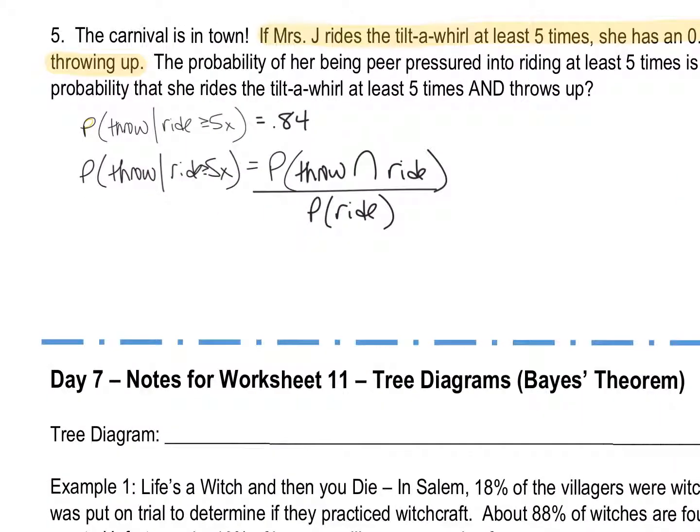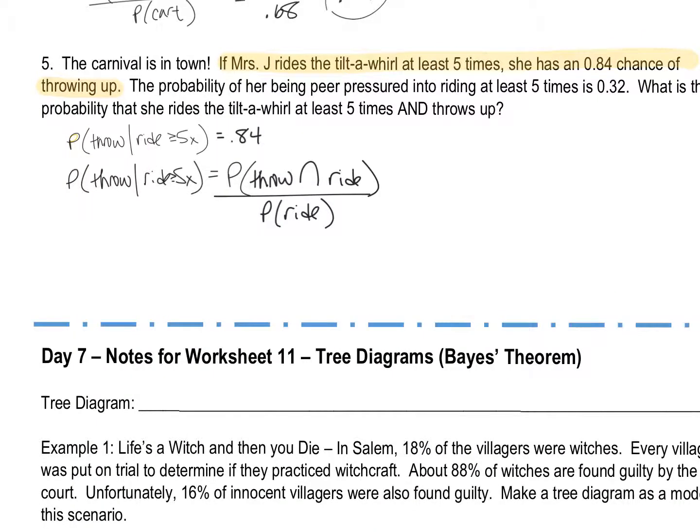So this is the formula, given the words of me throwing up. I have a probability of that if I ride at least 5 times or more. And the probability of me being peer pressured into riding at least 5 times is 0.32. So riding at least 5 times is 0.32. So I can fill in as many numbers as I can. I also know this conditional part. That number is 0.84. What I have to do is solve for this.